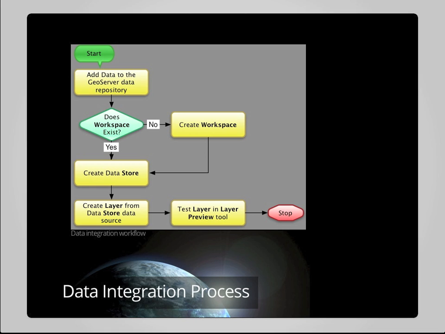You can set all of those at the layer level, so you can actually, for example, have, say, a road data set that you've developed 4 different styles for, and you could actually create 4 layers based upon that single data store representing that road network, and set the default style for each of those layers to a different style as it would be presented to a user in response to a user request.